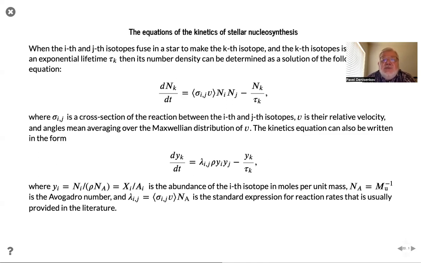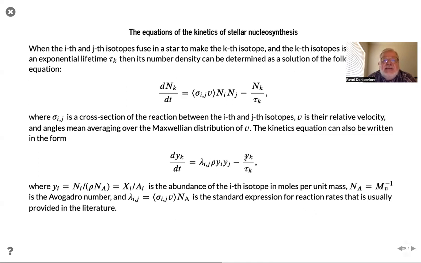We switch from number densities N to the so-called molar densities Y. This is the same equation, but the molar density of the i isotope is defined as its number density divided by mass density rho and divided by Avogadro's number, which turns out to be, as you can see from the previous slide, the mass fraction of the i isotope divided by its atomic mass. Avogadro's number, of course, is the reverse of the atomic mass unit.